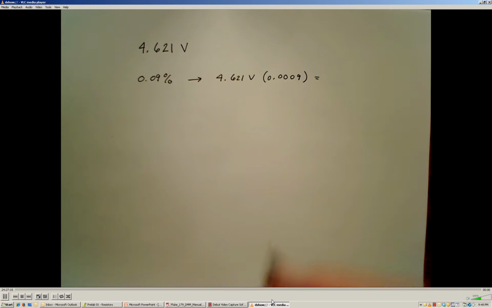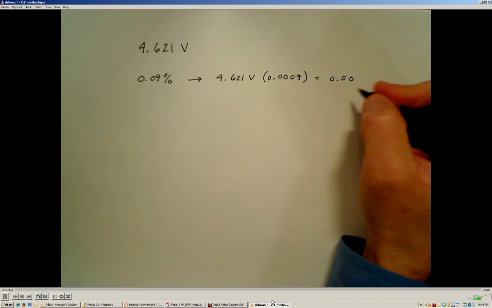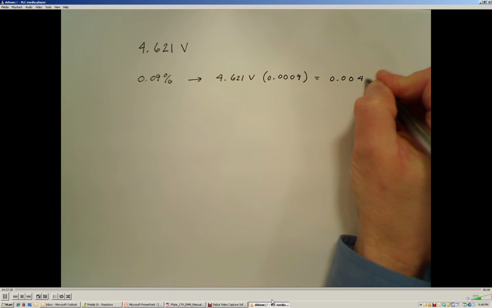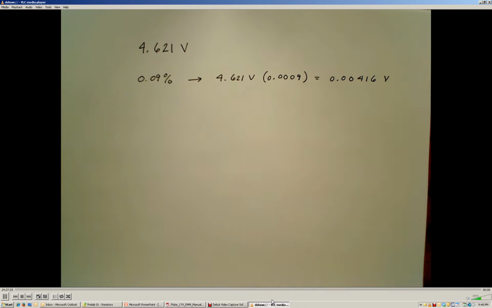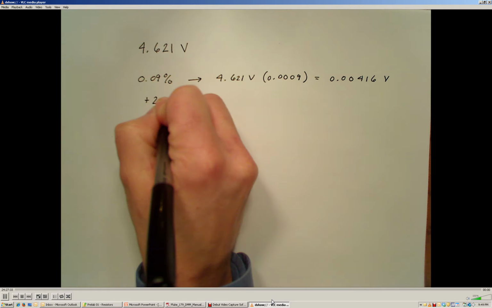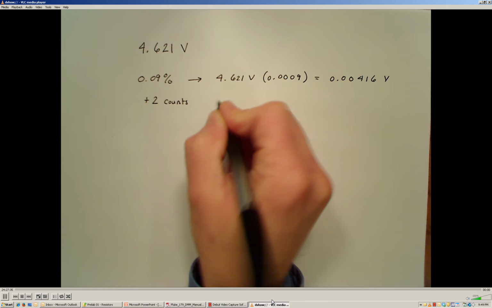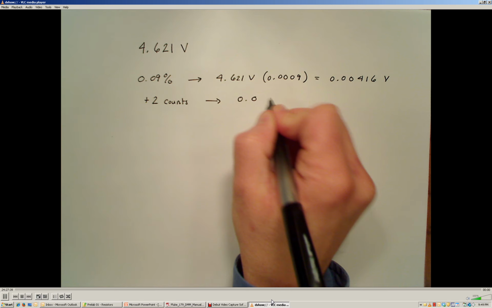And when I run that calculation, I get 0.00416 volts. All right, and then I have to account for my 2 counts. All right, so my 2 counts is going to be 0.002 volts.